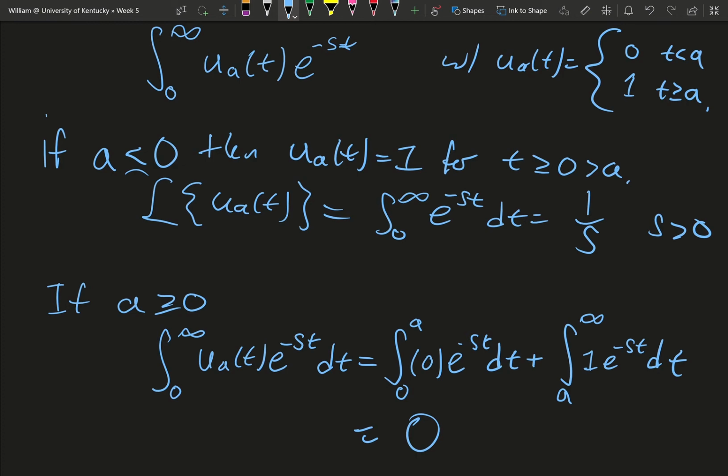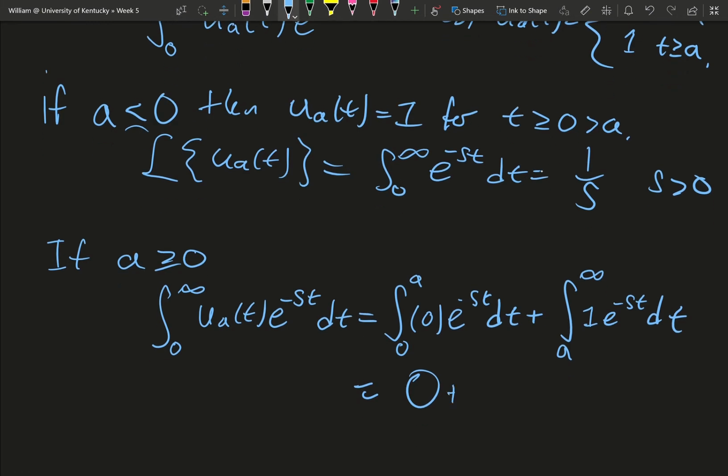And here, let's go ahead and compute this integral. So we know this is going to be the integral, e to the negative st divided by negative s, from a to infinity.